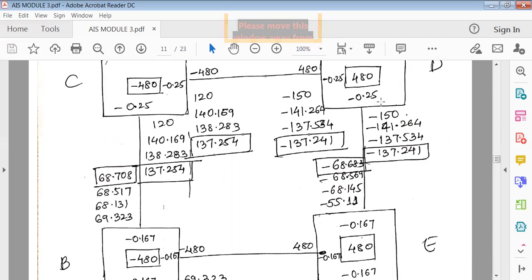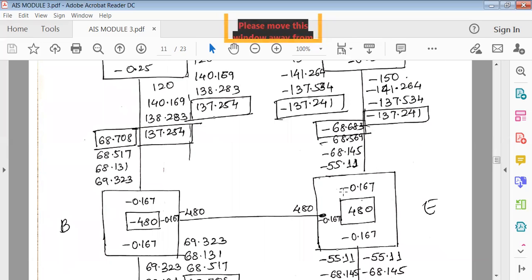D is connected to E with these moments. So it is 480 minus 150, into minus 0.167. So the answer is minus 55.11.